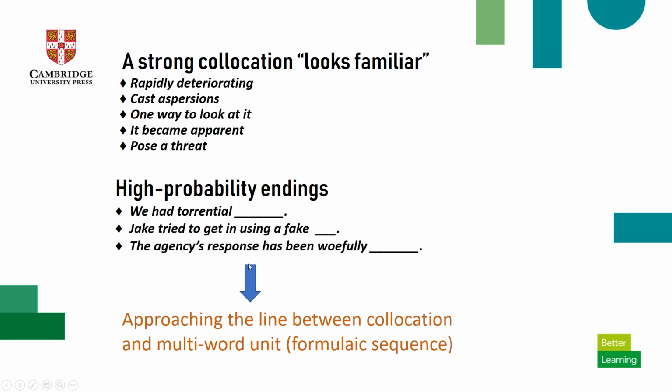In fact, these things are so tight that we are approaching the line between collocations and multi-word units. That is, formulaic sequences that you wouldn't even call collocations anymore. You would call them their own thing, separate vocabulary items.